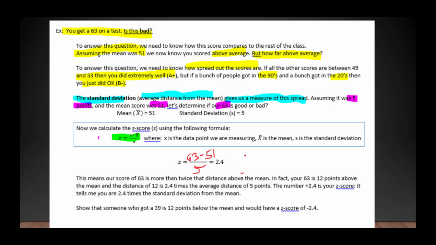So we're going to have 12 divided by 5, which gives us a z-score of 2.4.